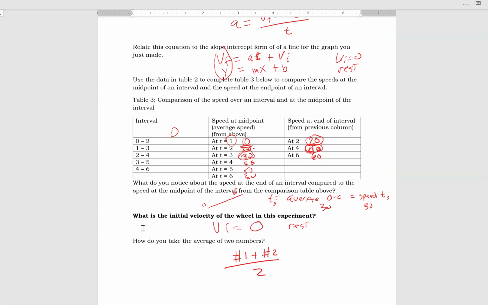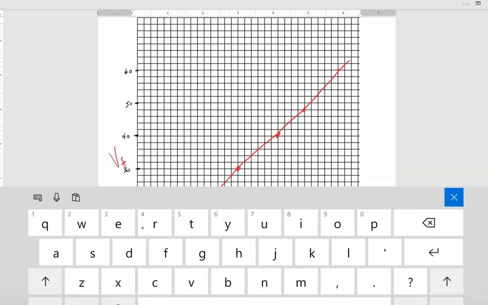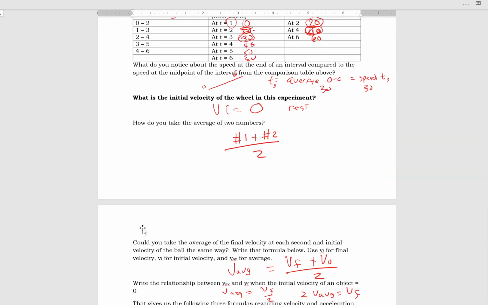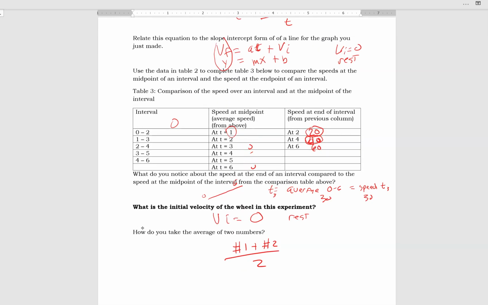And is that what we set up here? This velocity is my V average. At t equal 1, the average velocity was 10. At 2, it was 20. At 3, it was 30, right?